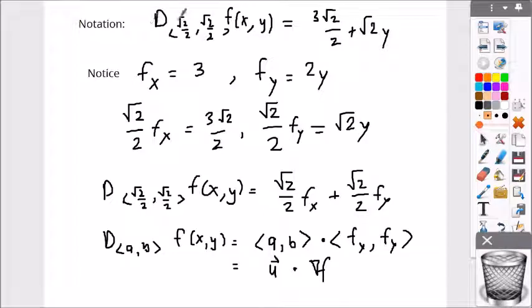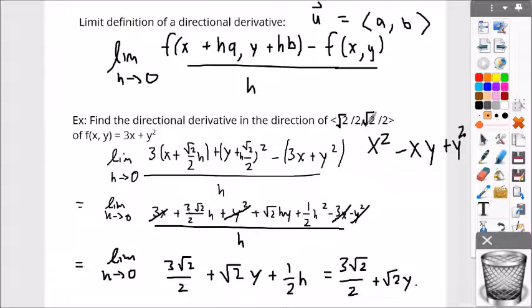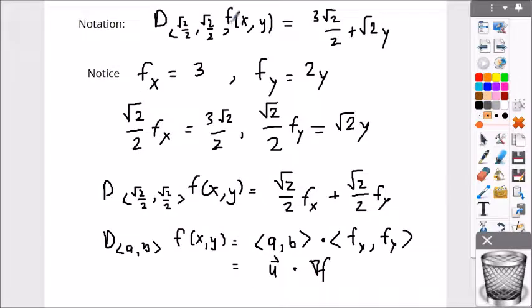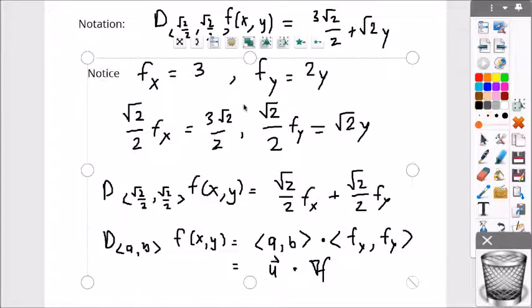This is your notation, right? So the directional derivative in the direction root 2 over 2, root 2 over 2 of f of xy is equal to this. Now we bring back our function.